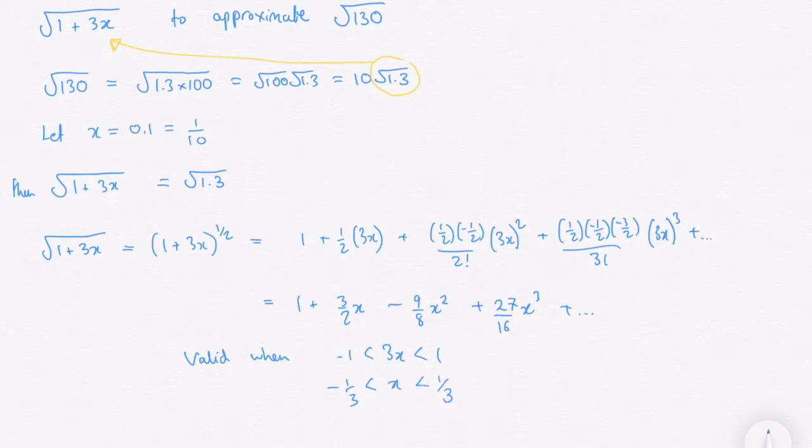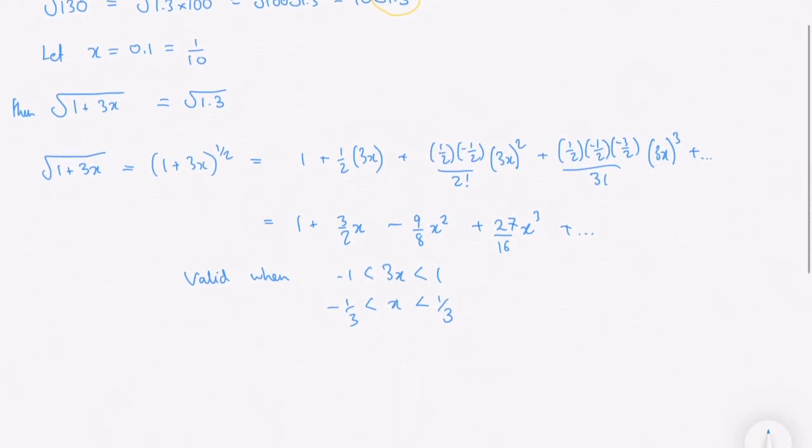Okay, what did we say here? We said that when x equals 0.1 or 1/10, then the square root of 1 plus 3x is equal to the square root of 1.3.